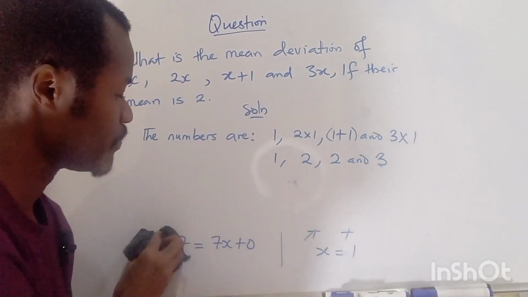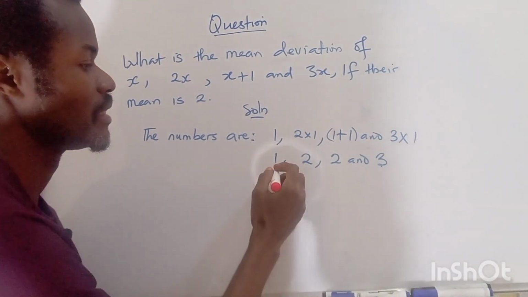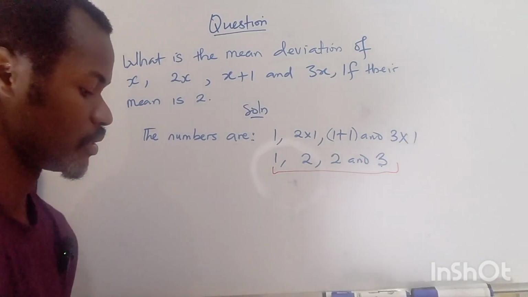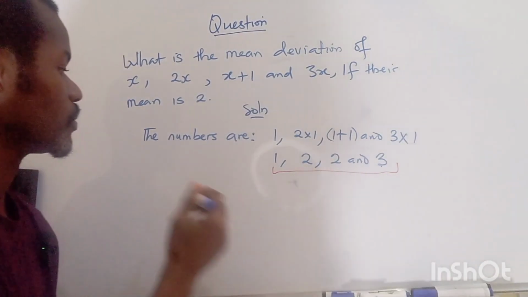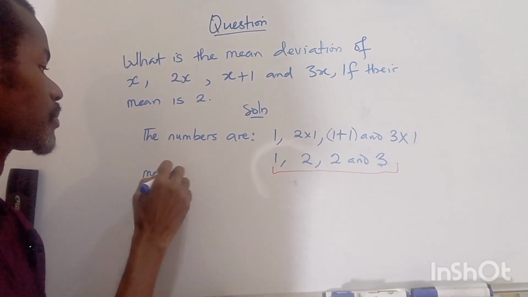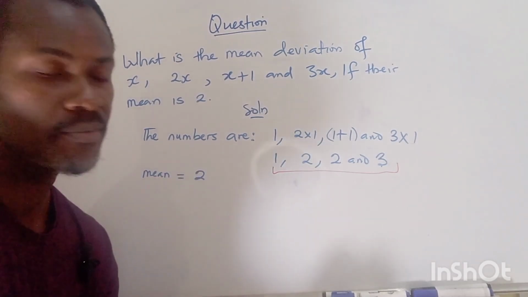So the basic idea of this question is we want to find the mean deviation of these numbers. Already from the question we know that our mean is equal to 2.